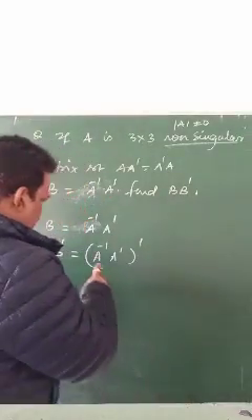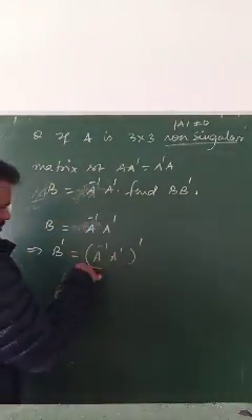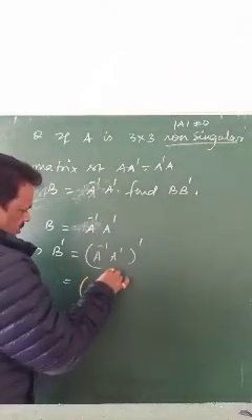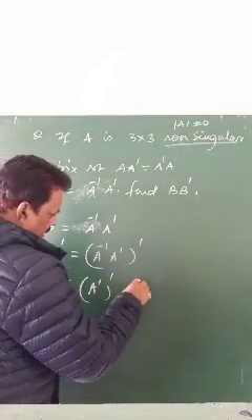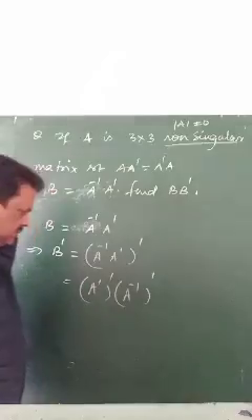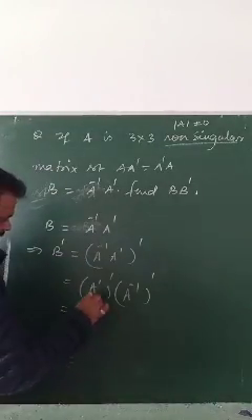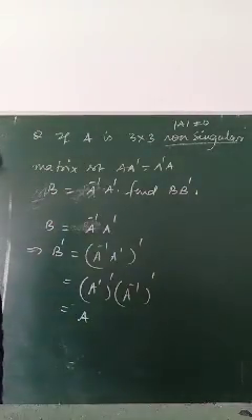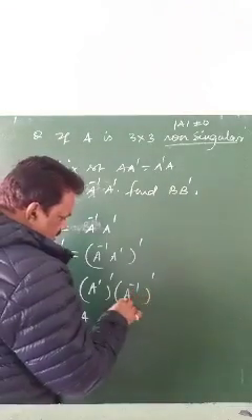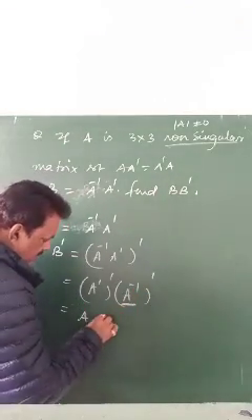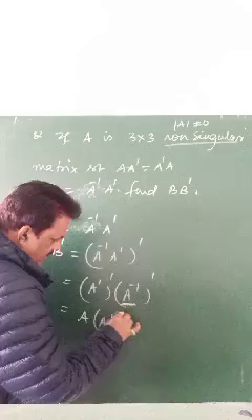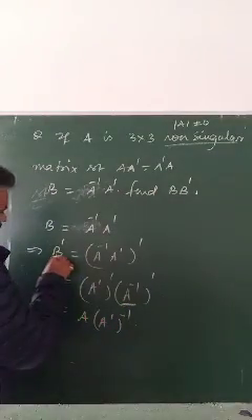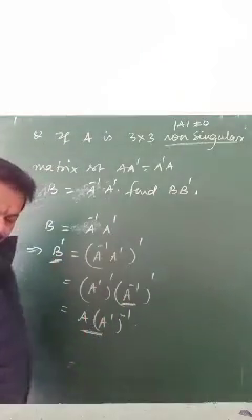Already I have written the rule. This will be inverse, meaning reverse: A transpose transpose, A inverse transpose. That means it is A. Then this one you notice, it is A transpose inverse. This is the B transpose you got.